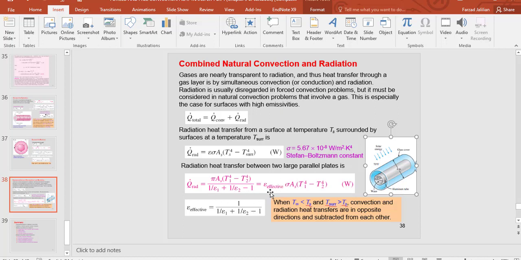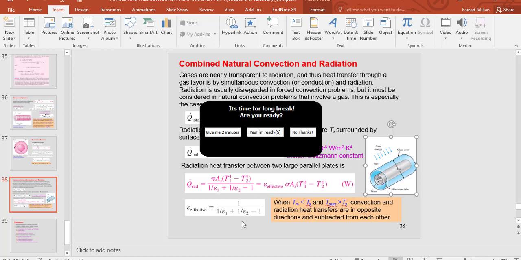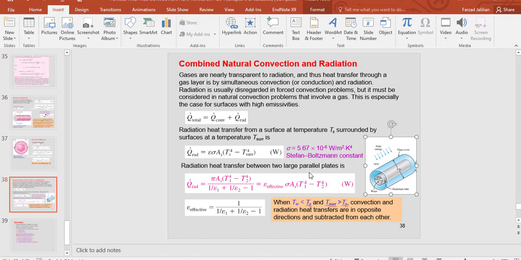So this effective emissivity for those two large parallel plates can be found by this equation, where epsilon effective equals 1 divided by the sum of 1 over epsilon 1 plus 1 over epsilon 2 minus 1, and epsilon 1 and epsilon 2 are the emissivity factors for the surfaces of those two large parallel plates.